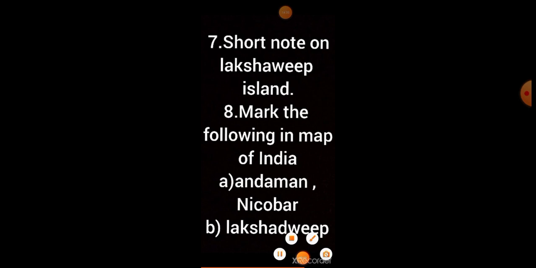Kavaratti is the administrative capital. It is separated from the Maldives Islands by the 8-degree channel. It got the name Lakshadweep in 1973. You have to write and learn this question.